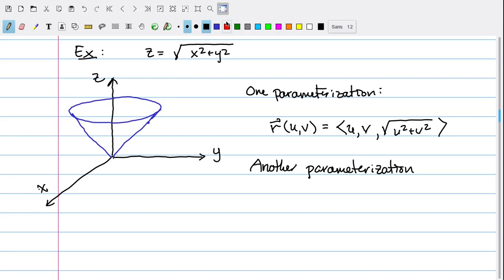And I notice here that there's some symmetry in the sense that at any particular z value, I've got a circle of a certain radius. At that particular z value, I'm actually getting a circle of radius z.